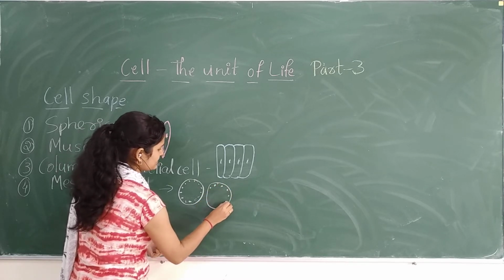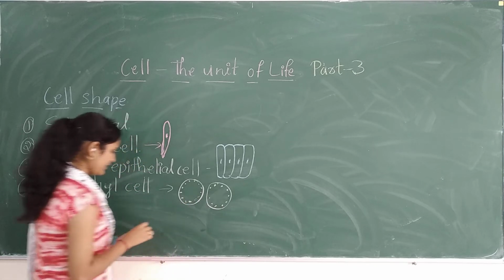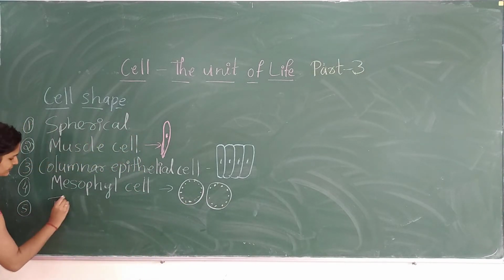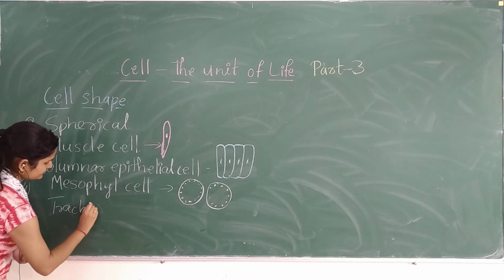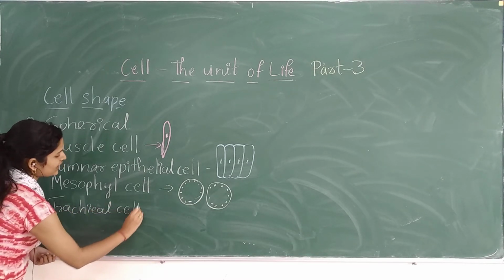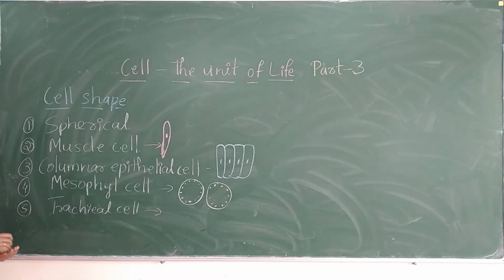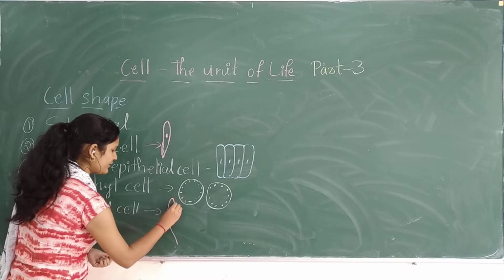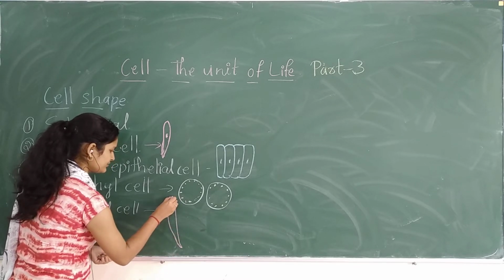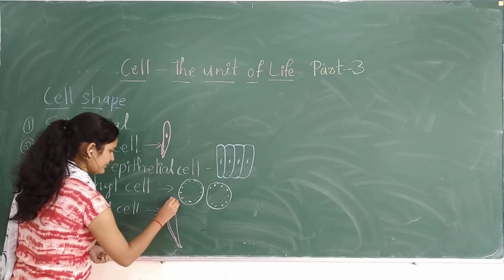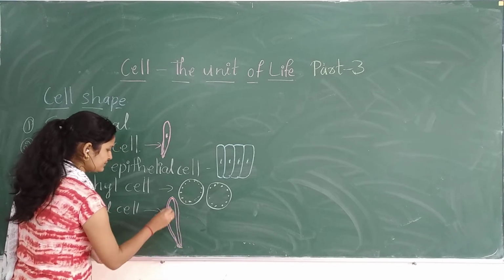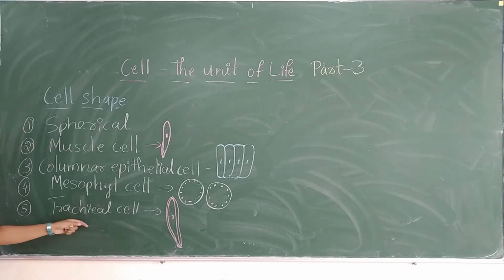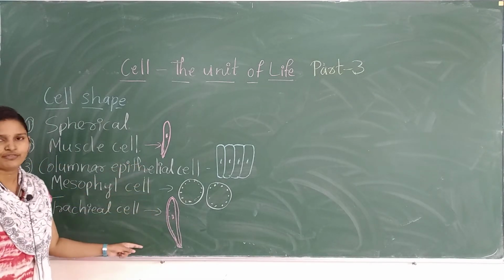And what about tracheal cells, which are found in plants? How do they look? Again, it is a kind of elongated structure. It will be like this. So in the tracheal cells we find this kind of structure.